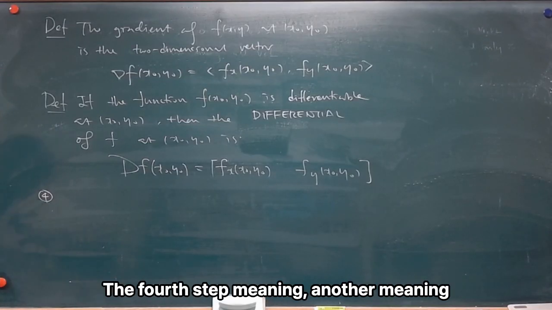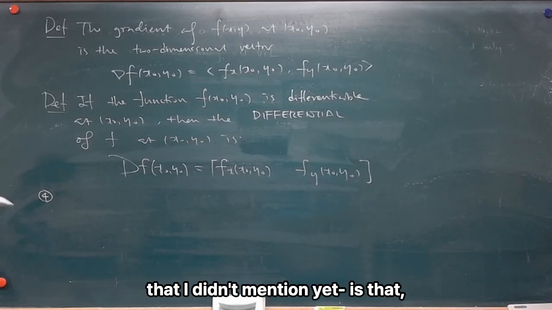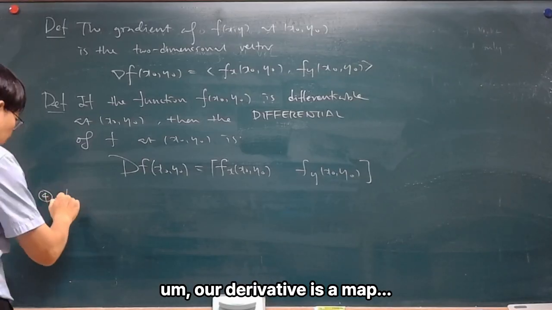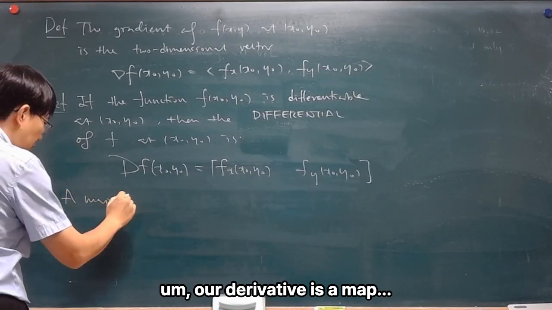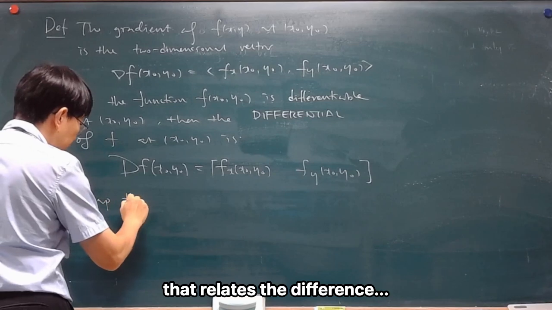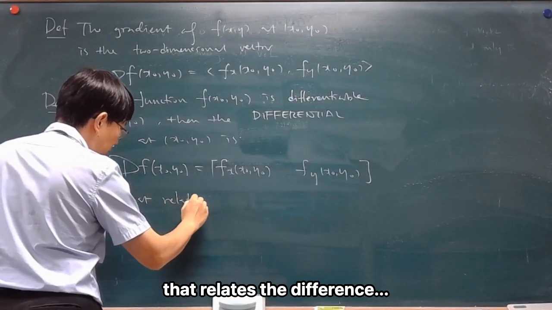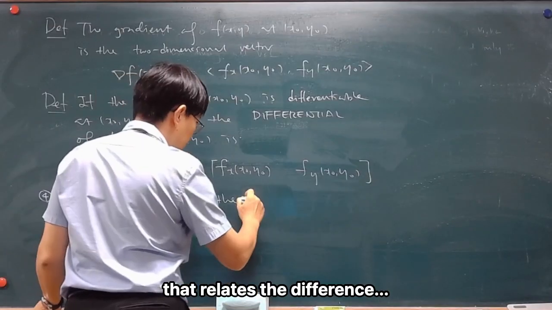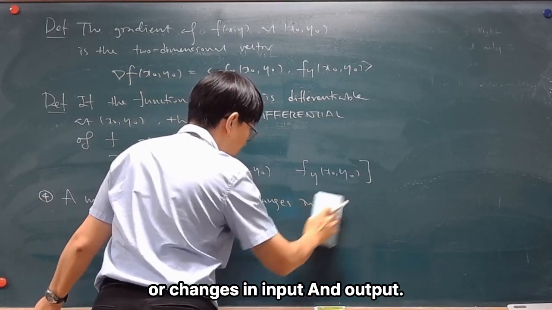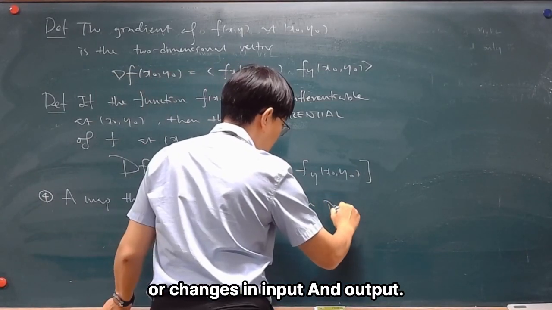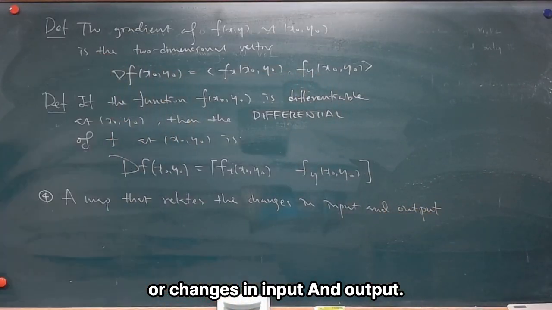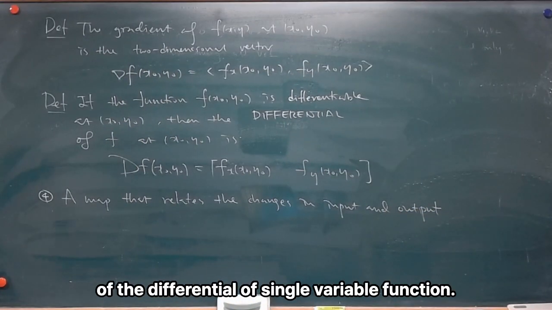So the fourth meaning, another meaning that I didn't mention yet, is that our derivative is a map that relates the difference or changes in input and output. So think about the meaning of the differential of a single variable function.